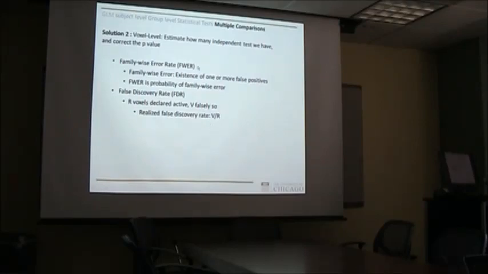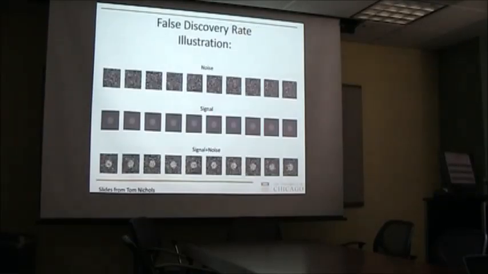So these are two different methods to correct for all the statistical tests and to try to establish what your corrected p-value should be. I just want to give, again, these slides are from Tom Nichols' presentation, a little bit of illustration of how these different methods have a different effect on your data, because I think it's important to realize this when you're looking at your results table.